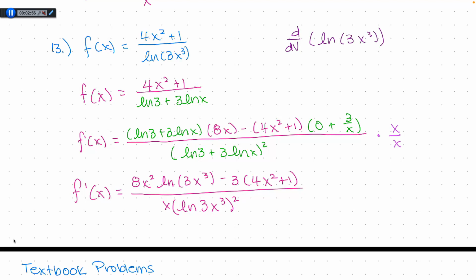And just remember, when you take the derivative of a natural log, it's 1 over the argument times the derivative of the argument. But when you simplify this, 9 over 3 gives you 3 over 1. The x's cancel out, you have 1 x left. So you still get the same answer.